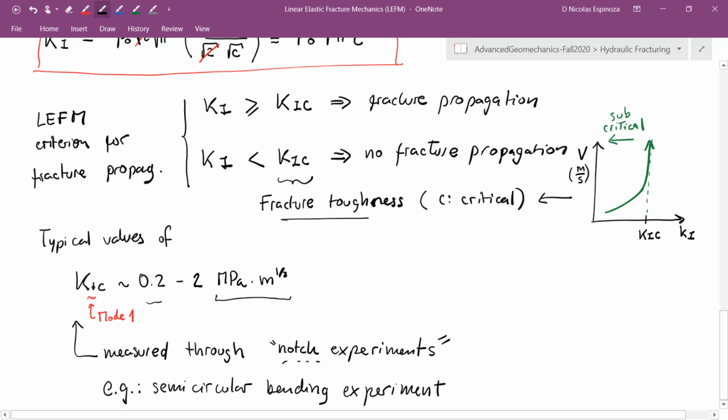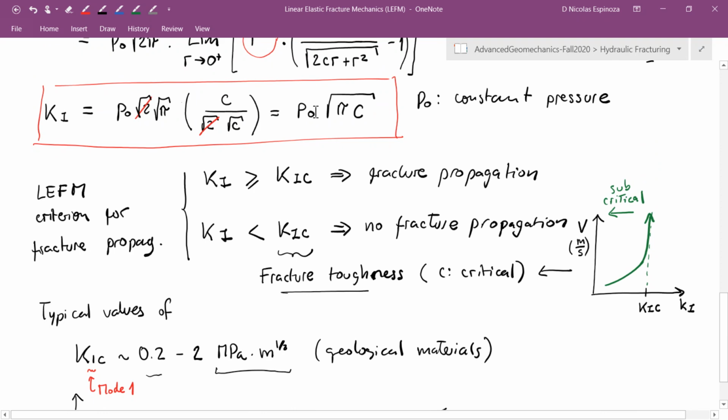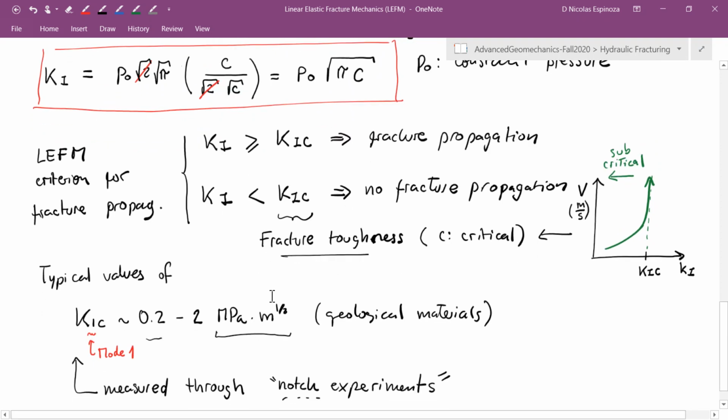And typical values of K_IC, or K1C, for geological materials, including rocks, are in the order of 0.2 to 2 MPa times square root of meter. Notice this weird unit. Probably if you weren't familiar with stress intensity factors, you never saw it before, but notice that it comes right away from the definition: a pressure times the square root of a length.